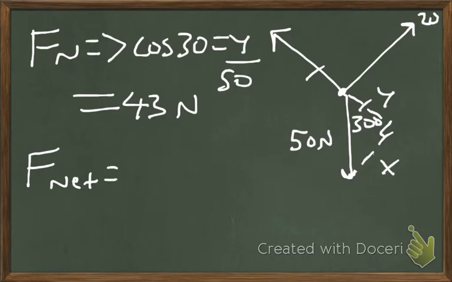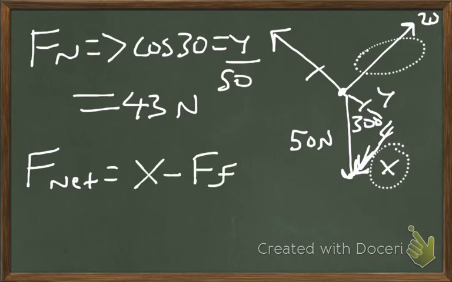Now, what is our net force? Well, it's going to be x minus this. We've got x going in that direction, friction going in the opposite. So our net force is going to be x minus friction. Okay, so if we add those up, we have the net force. But what we have to do is find x first.